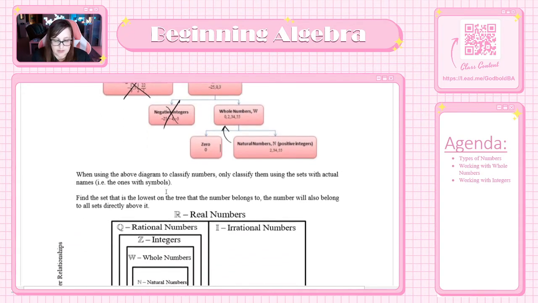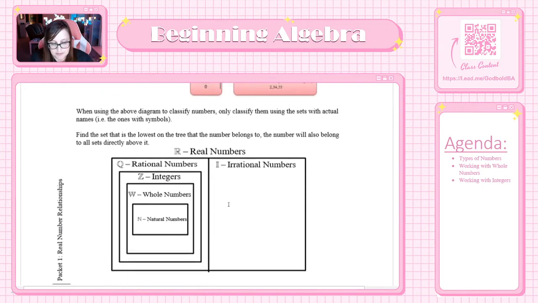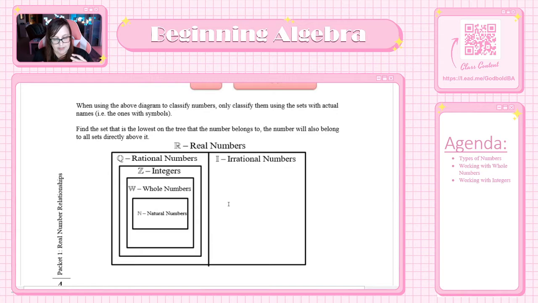Okay, so this diagram might be a little confusing because it has some extra sections in there that you don't really need. But this one I like because it shows you how they're broken down. So for example, real numbers is everything, and then it's cut in half between rational and irrational. And irrational, they're just all by themselves.